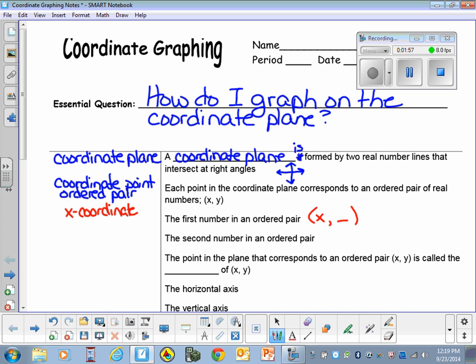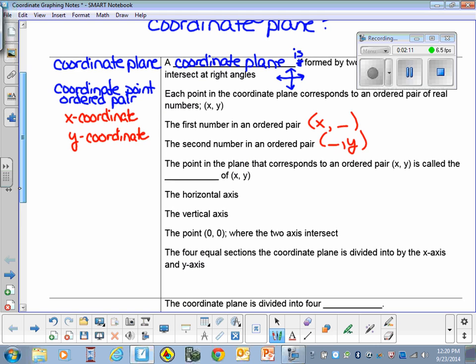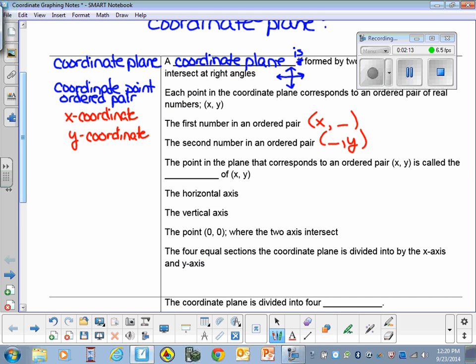The second number in an ordered pair is the y-coordinate. A coordinate, just that one word, is the point itself.